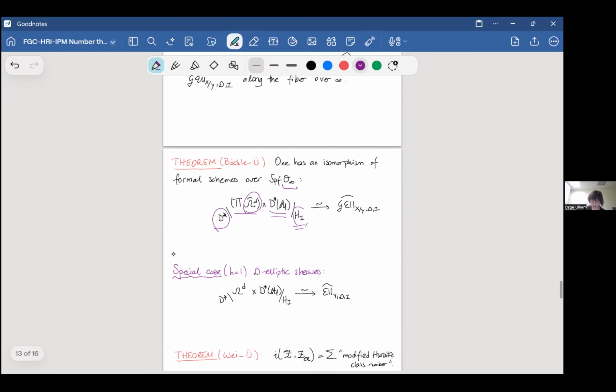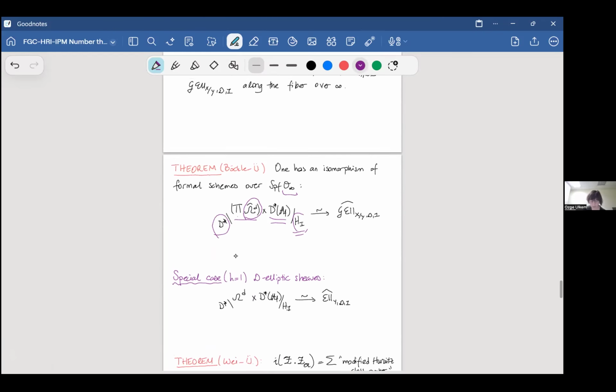Okay, so one application is a special case when you forget the covering, which means we only have the D-elliptic sheaves. Then this theorem gives us a uniformization of D-elliptic sheaves with level structure, which is only stated in Blum-Stuhler, but without a proof.